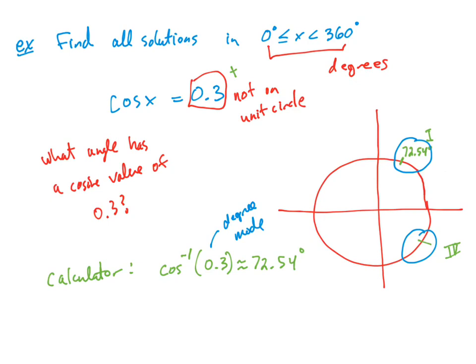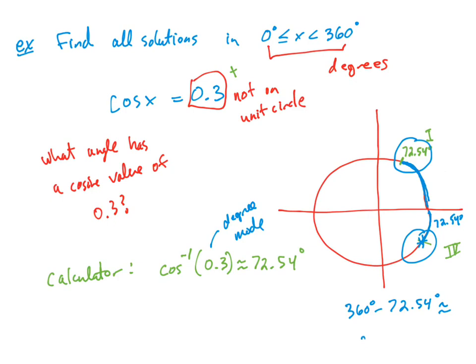Now, there's a couple ways you can do this. One way is to think about the reference angle. The reference angle here is 72.54 degrees. So what that means is this reference angle is also 72.54 degrees. So to figure out the other value for x and what this angle is right here, what we can do is 360 degrees minus the reference angle, and that'll give us the other value.